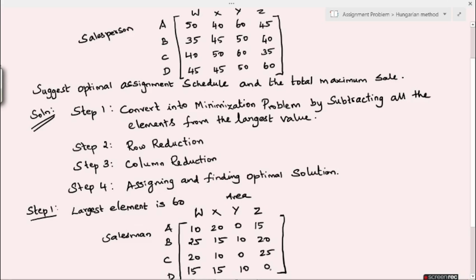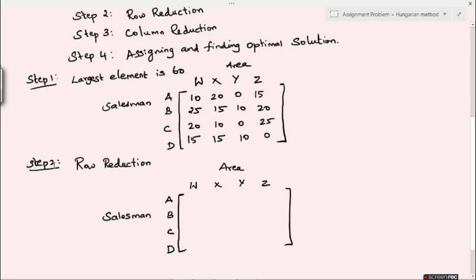Now we have to move on to step 2, that is row reduction. Row reduction means we have to select the minimum value in each row and subtract it from the rest of the elements of that row. So first consider the minimum value in the first row. First row: 10, 20, 0, 15. So 0 is the minimum. If you subtract, you get the same values: 10, 20, 0, 15.